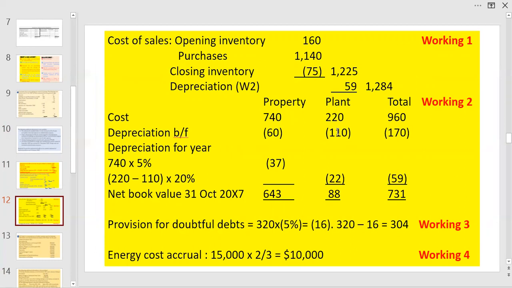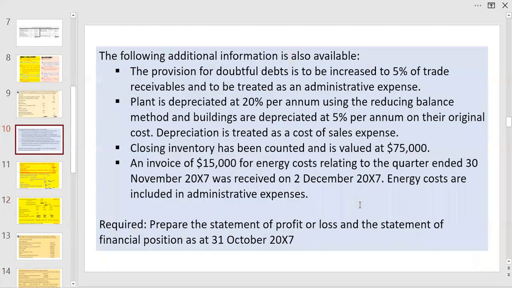For plant, depreciation is provided on written down value, that is 220 minus 110, which is 110, into 20% is 22, giving a total depreciation of 59, which is adjusted in the cost of sales as required in the question. Closing inventory is 75.